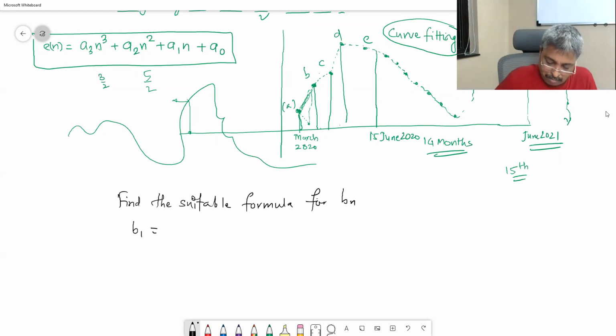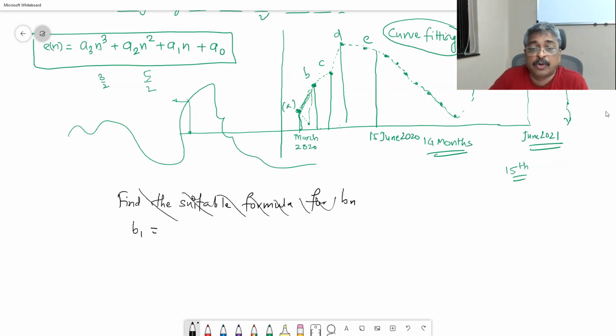No, sorry. Find the suitable formula for Bn. No, I mean just ignore this. Let me write down one more. Find the quadratic equation.